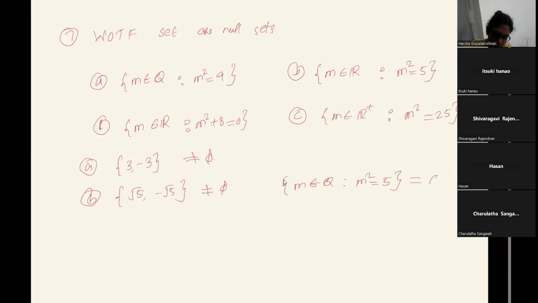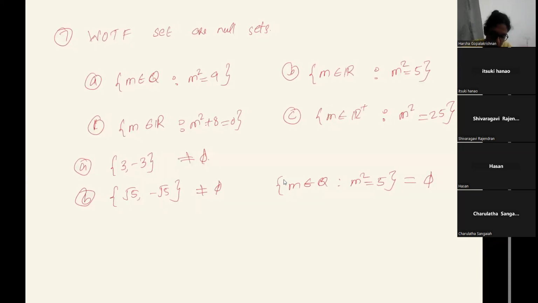Because even though for plus root 5 and minus root 5 we know M square equal to 5, plus or minus root 5 does not belong to Q. But it belongs to R. It is an irrational number, so it does not belong to Q, but it belongs to R. That is why we are able to take root 5 and minus root 5 in the set B. But if it is given that M in Q such that M square equal to 5, then it will be an empty set. So in the given option, it is not an empty set. Clear?